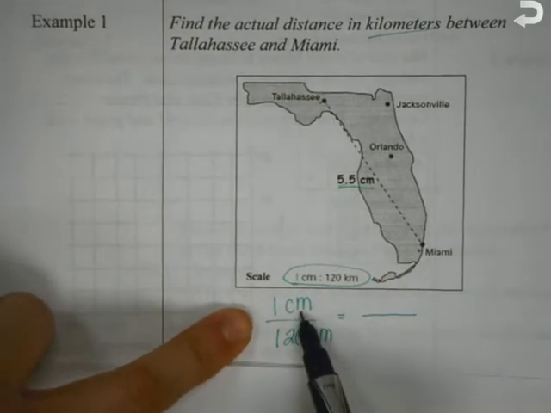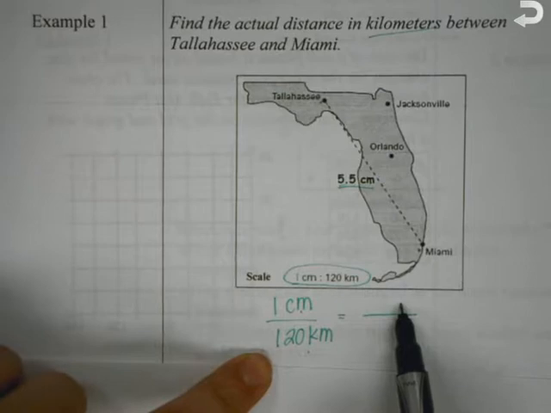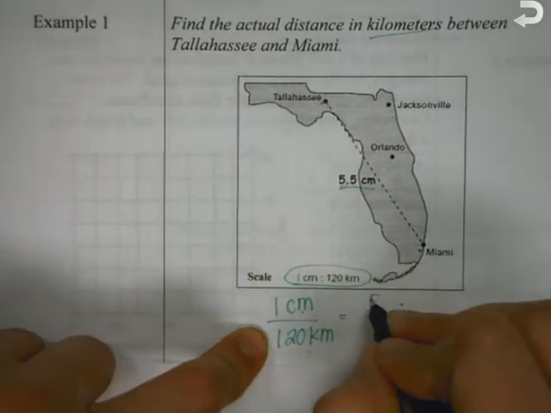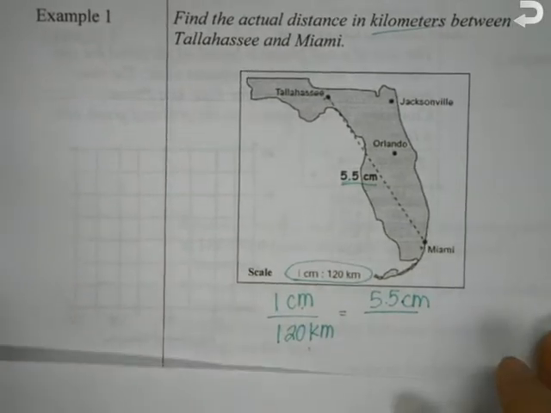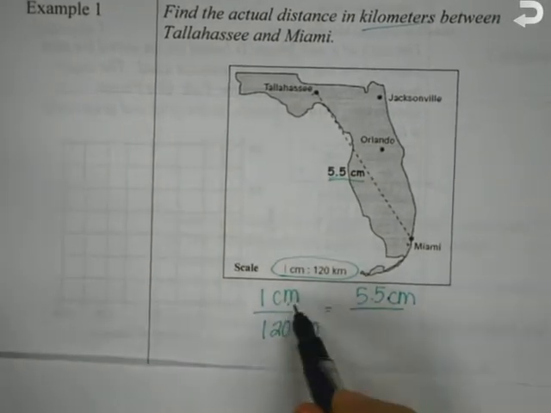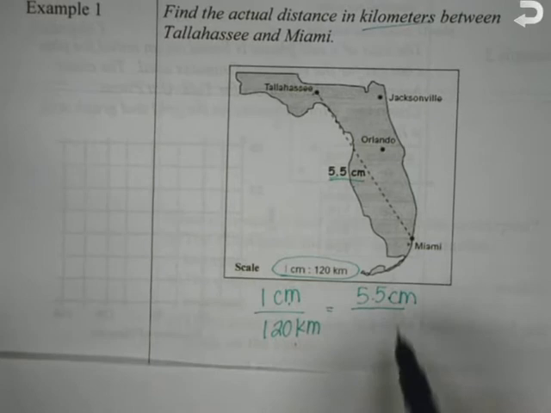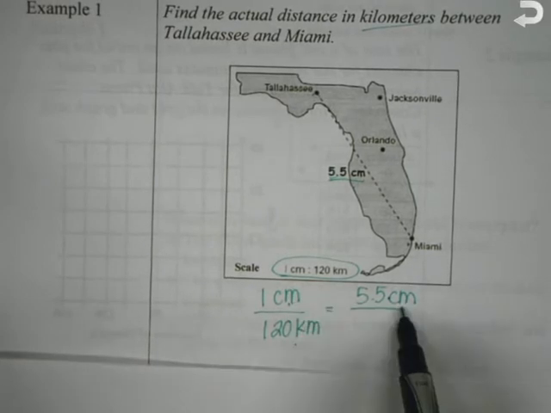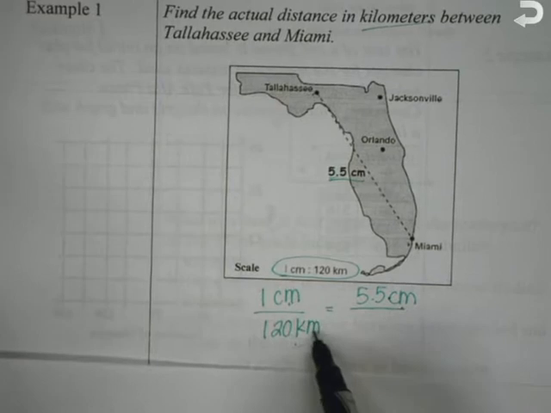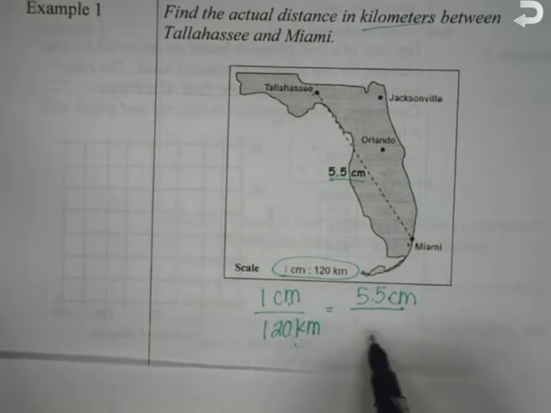So what needs to go on top? The 5.5 centimeters. So I need to put the same units on top both times, right? So centimeters are on top here, centimeters are on top here. Kilometers are on bottom here, and we want to find the actual distance in kilometers, so what are we going to call that? X.